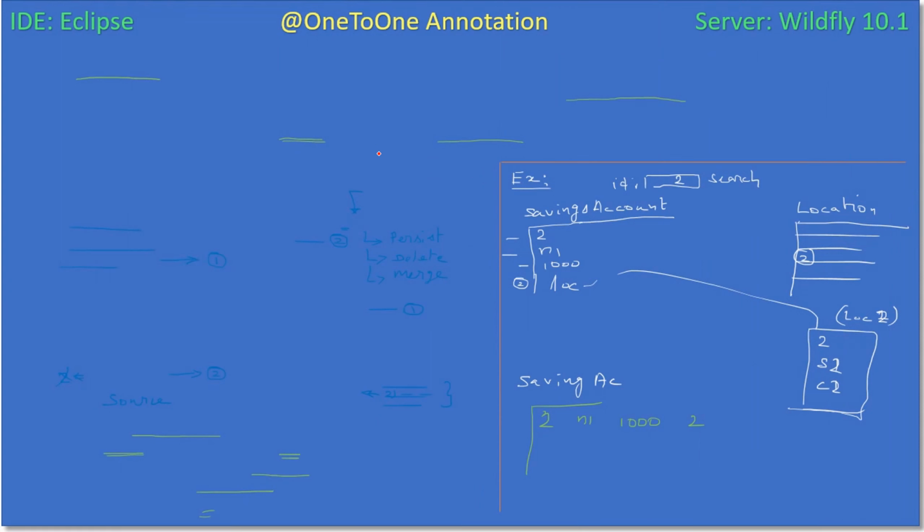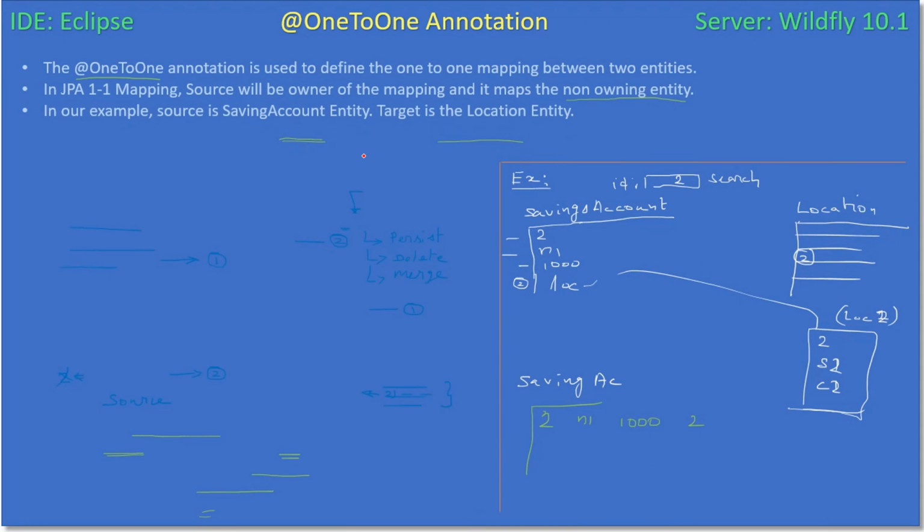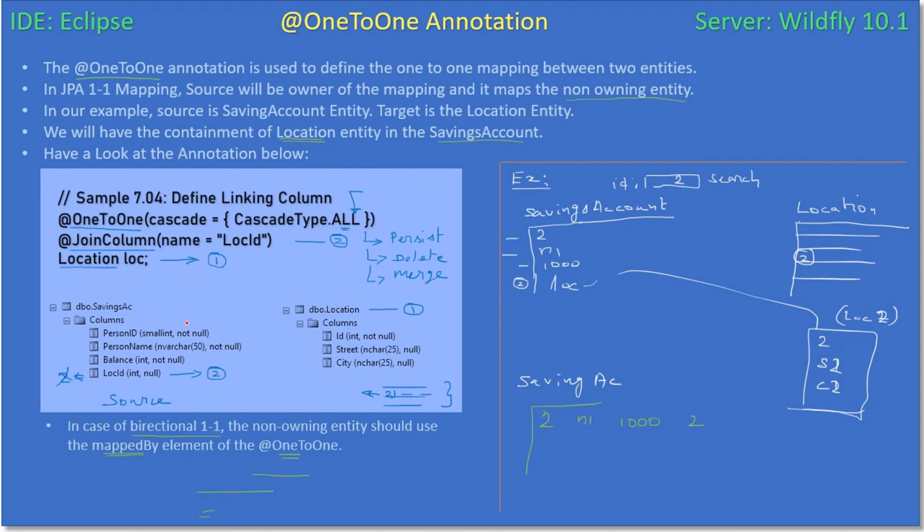In the previous video we created the one-to-one annotation for our savings account. So we learned about the one-to-one annotation and its attributes.